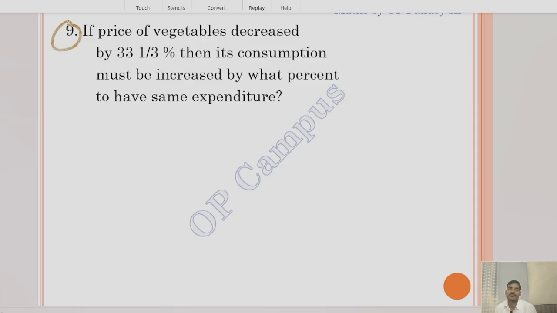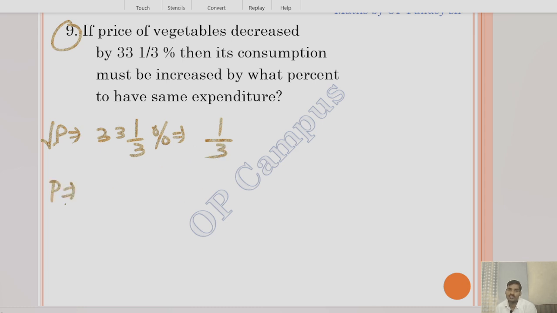Next question, please. If price of vegetable decreased by 33 1 divided by 3%, then consumption must be increased by what percent? So please see again. Price decreased by how much? 33 whole 1 divided by 3%. Change it into fraction form. This is 1 divided by 3.